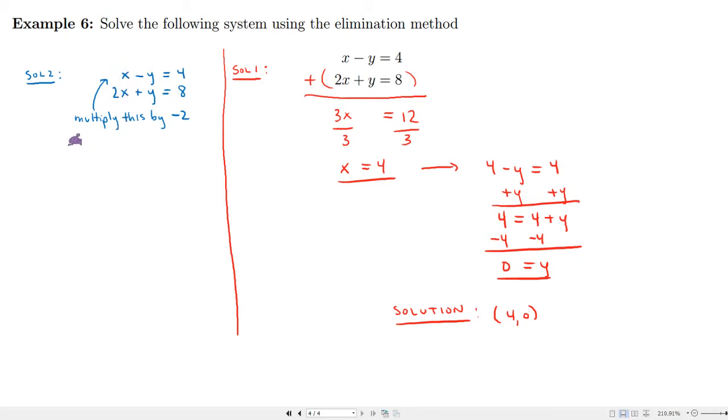So if we multiply the first equation by -2, what do we get? We get -2x, and then distributing this negative in, we'll have positive 2y is equal to -8.